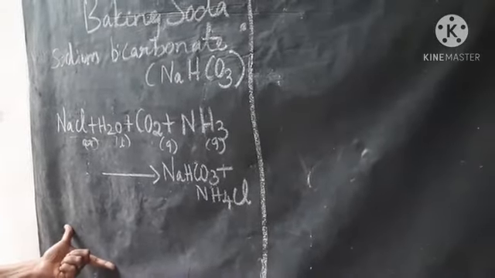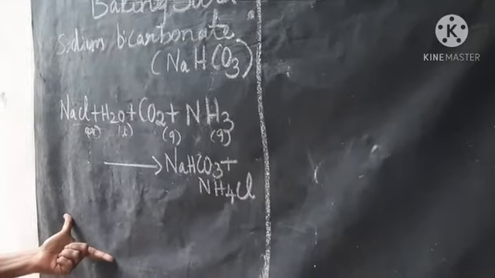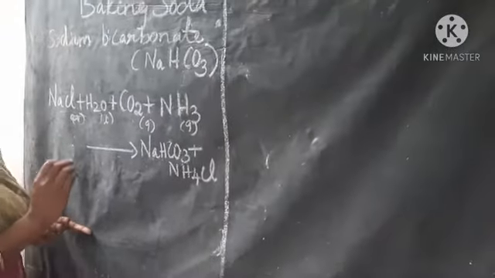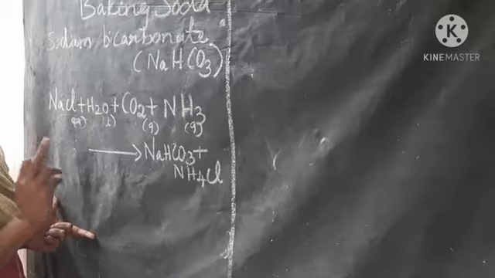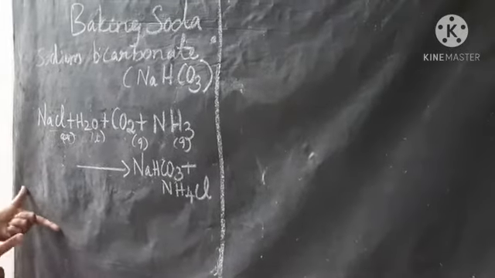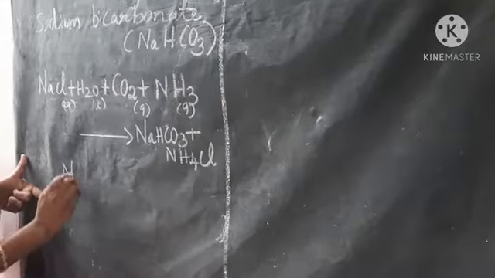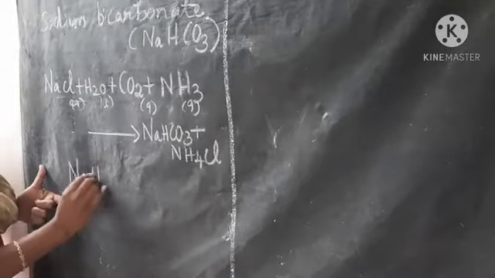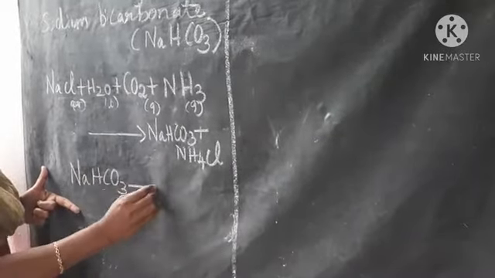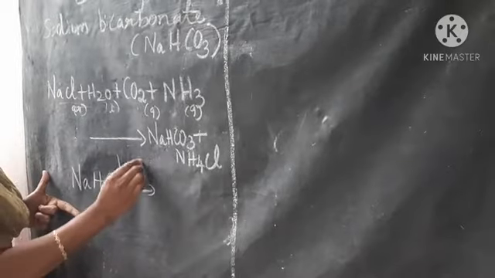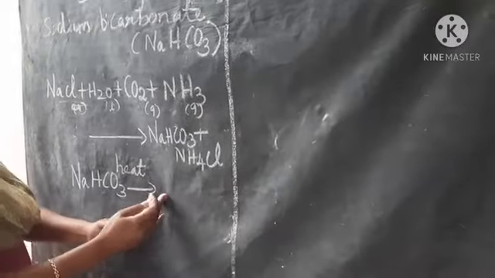Now, let us see its properties. It is a basic salt, okay? It is a basic salt. And another one, first property: when this baking soda is heated, it gives 3 products.